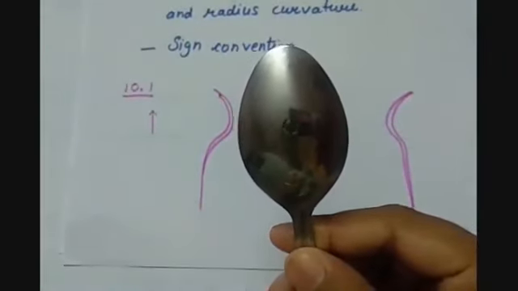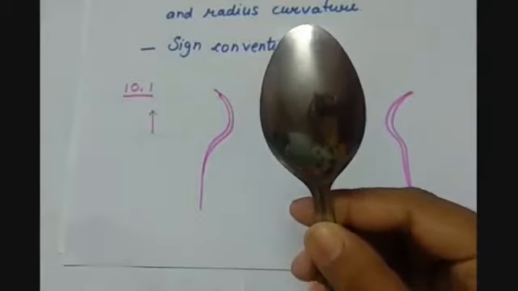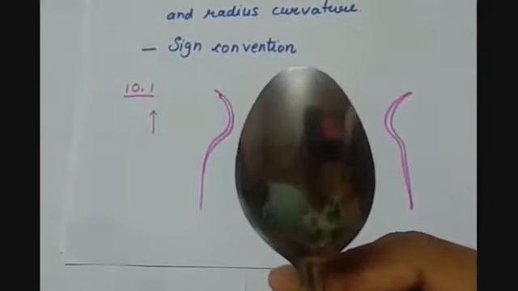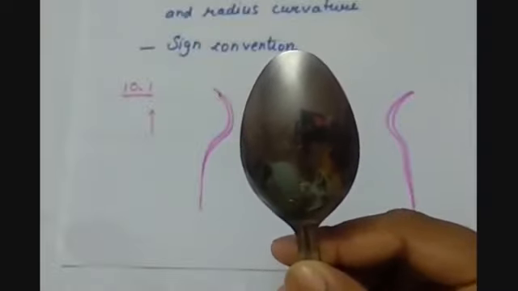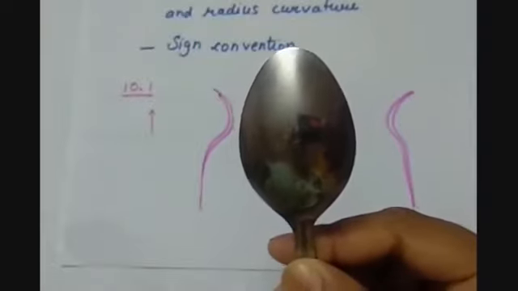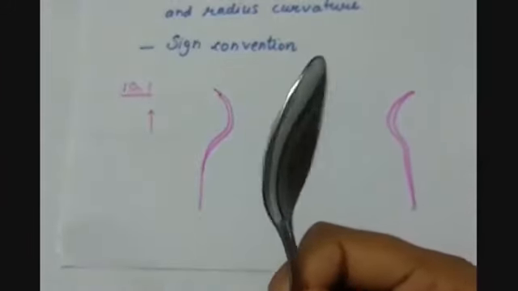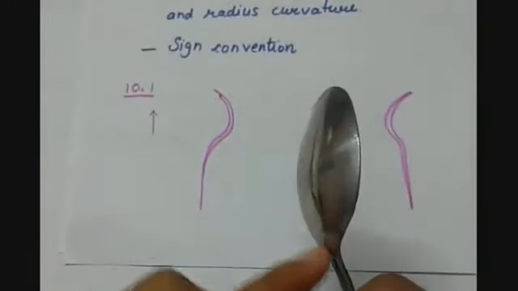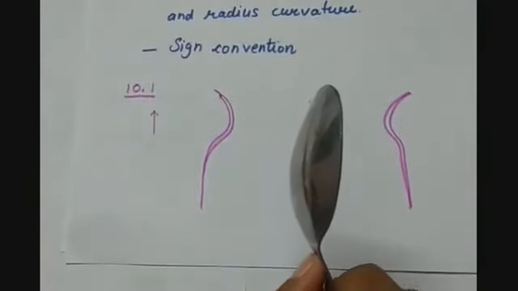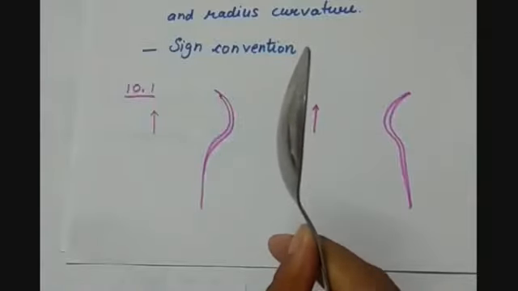Now the image of my face is looking straight in the image, but the clarity will vary according to the distance from the mirror or the spoon. So this way we can conclude that these two surfaces, this and this, which are behaving as a reflecting surface, can be considered as a curved mirror.